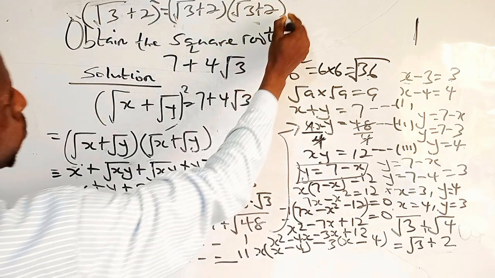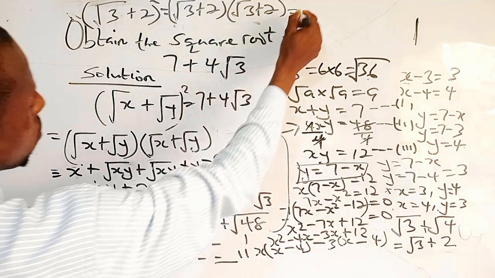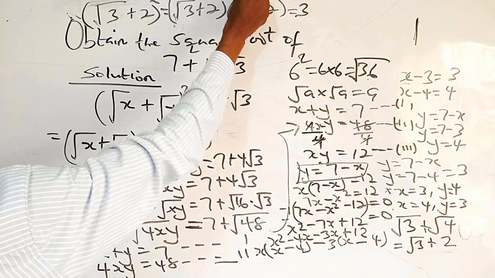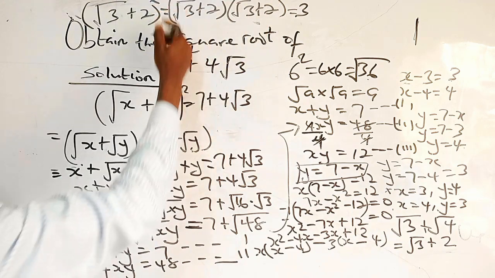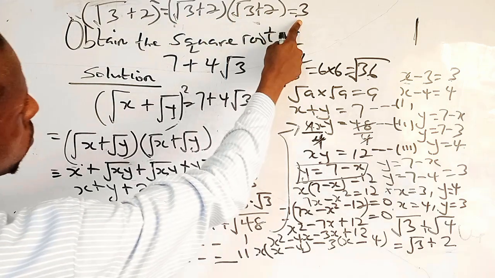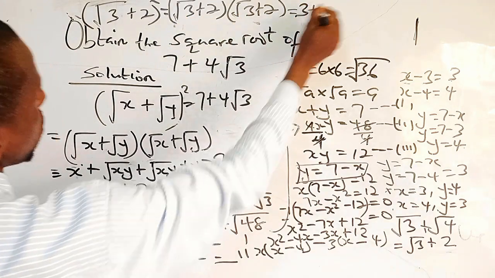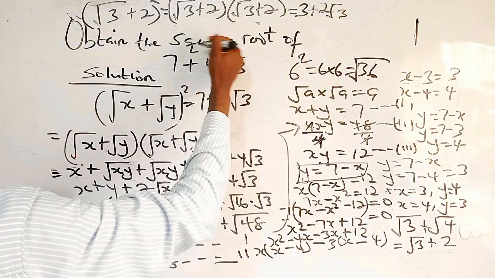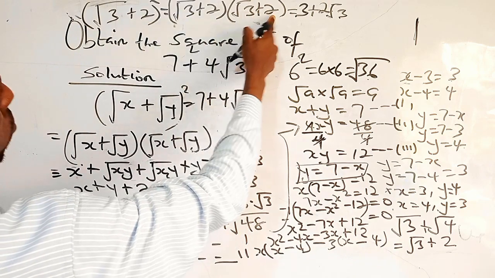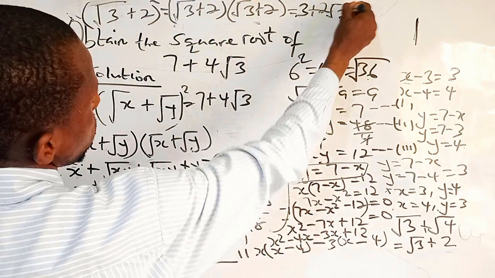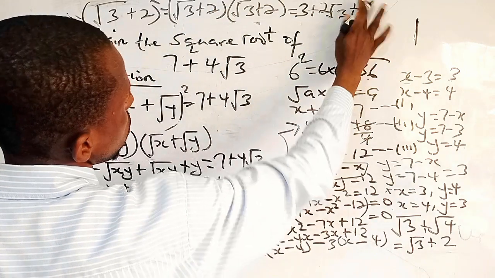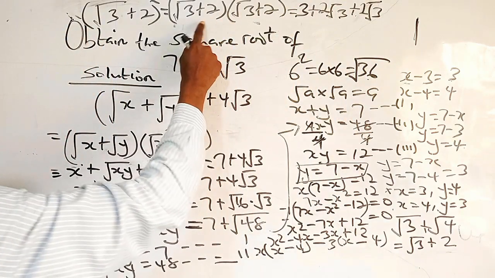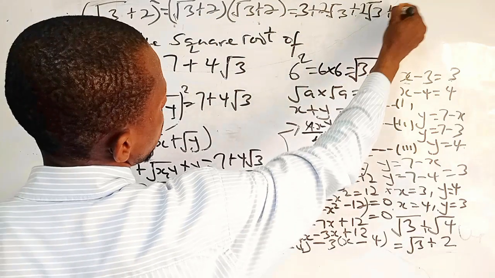When you open up, root 3 times root 3 is 3, don't forget the law of surds: the same roots give you the same result. Plus root 3 times 2 is 2 root 3, plus 2 times root 3 is 2 root 3, plus 2 times 2, that is 4.